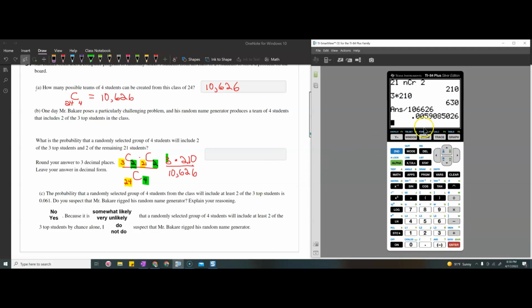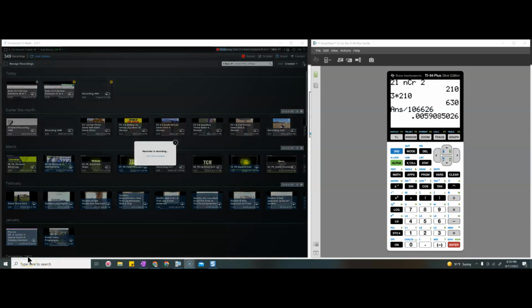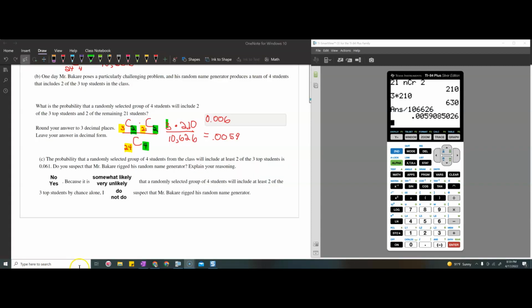And it says round to 3 places. So the third number is a 5. You look at the 9, it tells you to round that 5 up to a 6. Okay, the probability that a randomly selected group of 4 students from the class will include at least 2 of the top 3 students is 0.061.